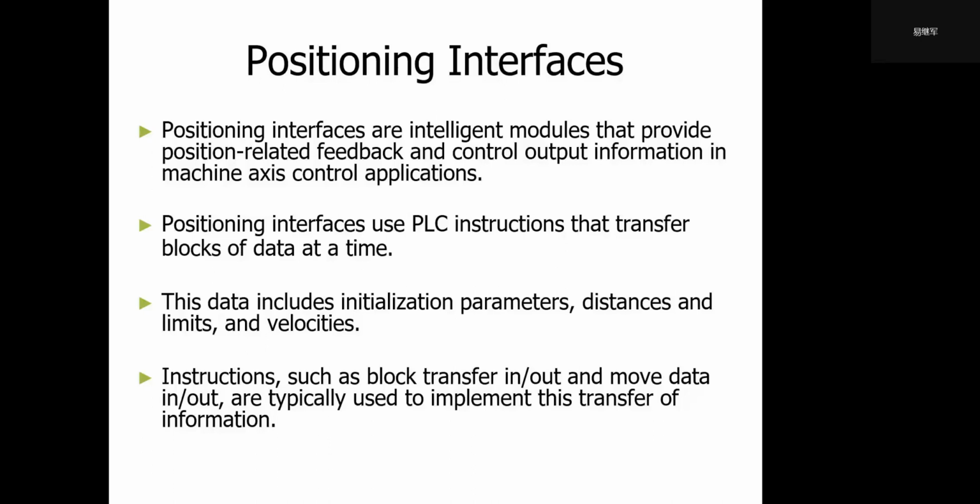This data includes initialized parameters, distances, limits, and velocities. Instructions such as block transfer in and out and move data in and out are typically used to implement this transfer of information.